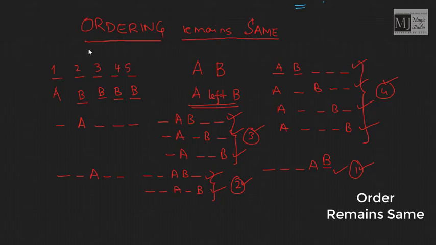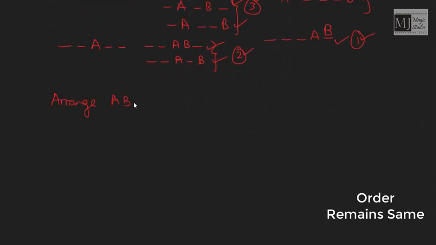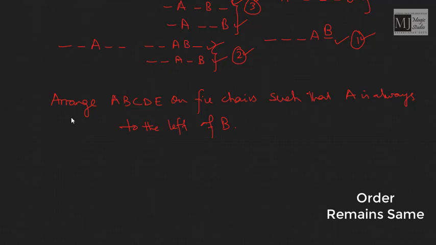Now, in how many ways can you arrange 5 people, A, B, C, D, E, all different, on 5 chairs such that A is always to the left of B?